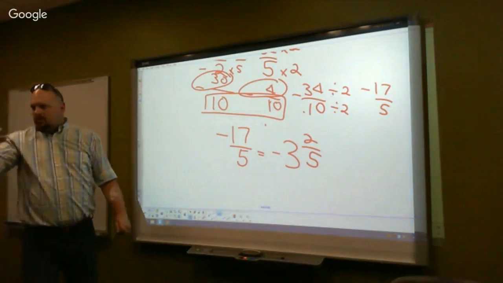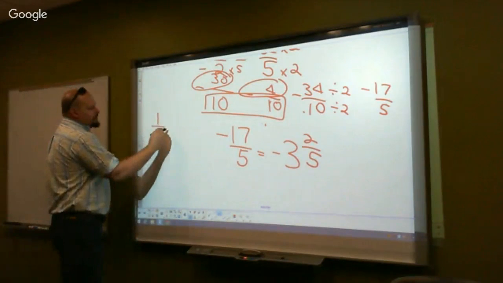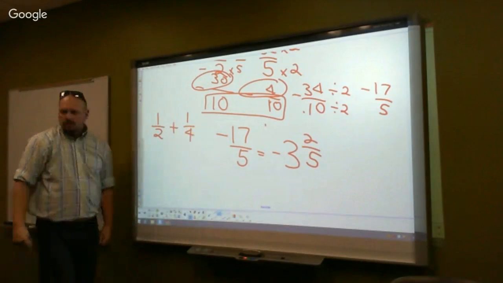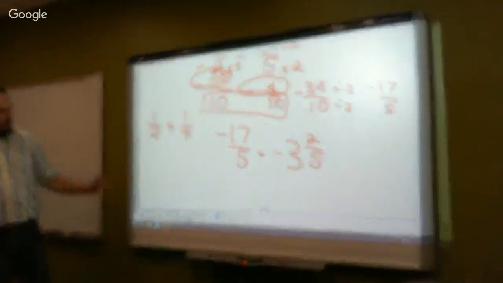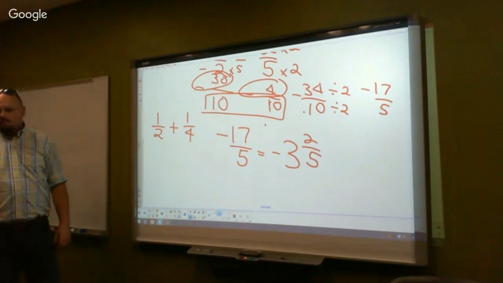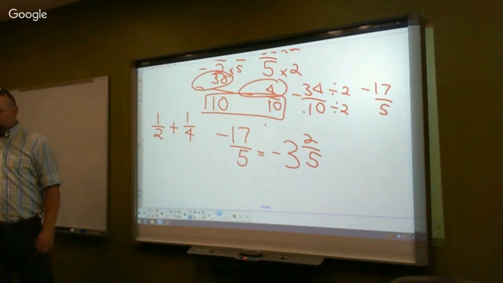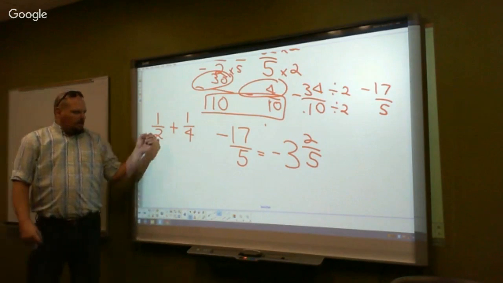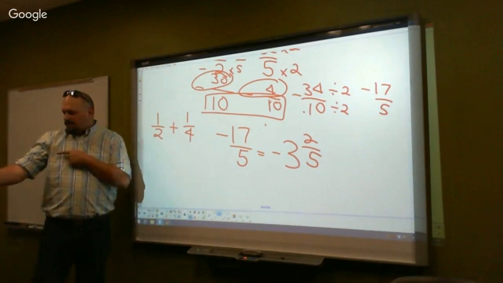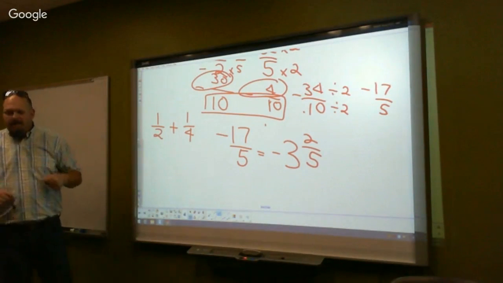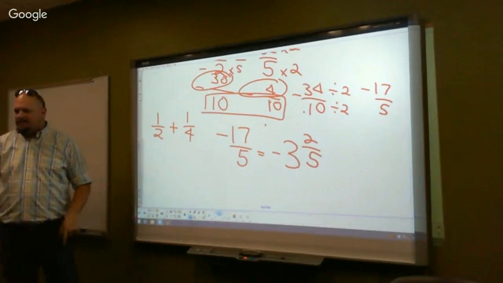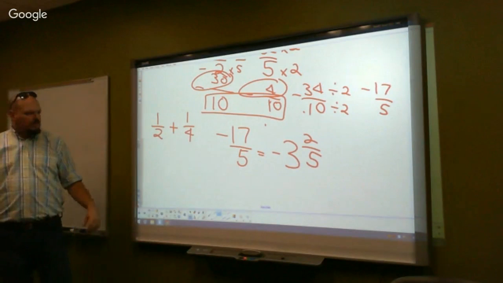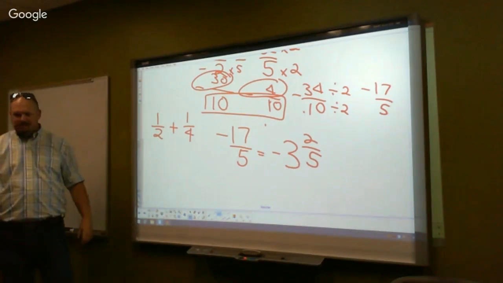Confused? Just like this, Jaime. What's 1/2 plus 1/4? What's our lowest common denominator? When we add fractions, what do we need, Pollux? A common denominator. Okay, what's our lowest common denominator? 4.